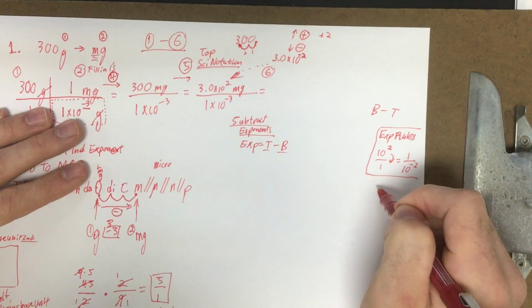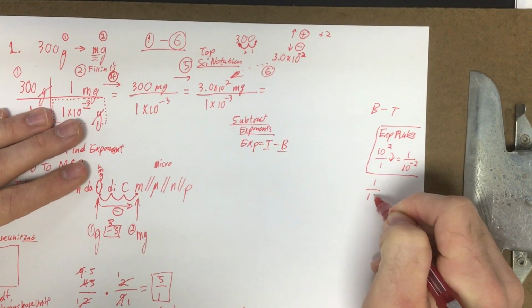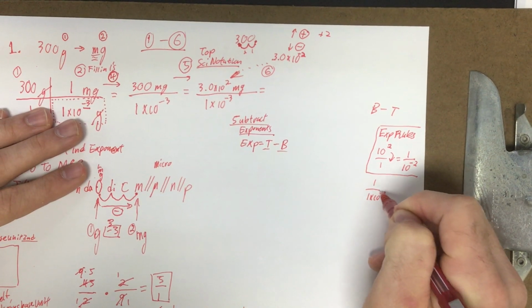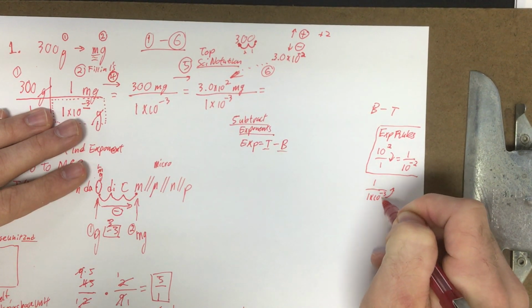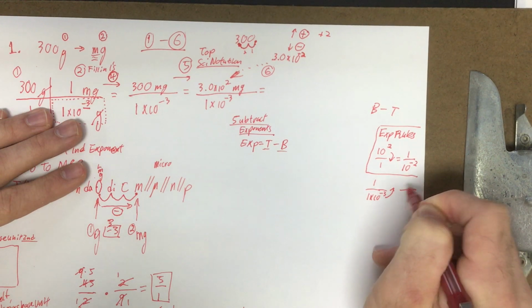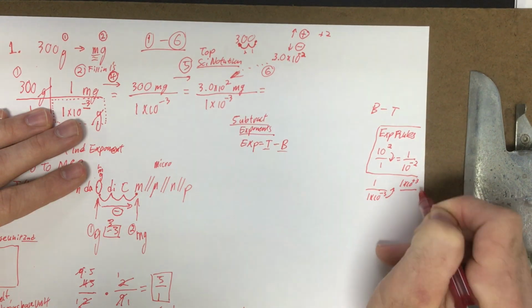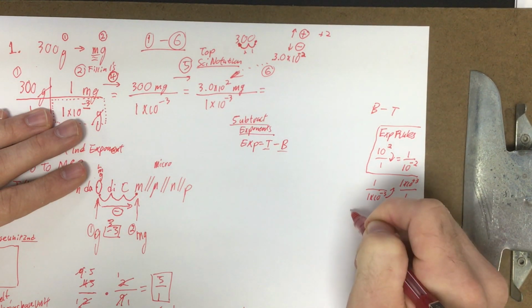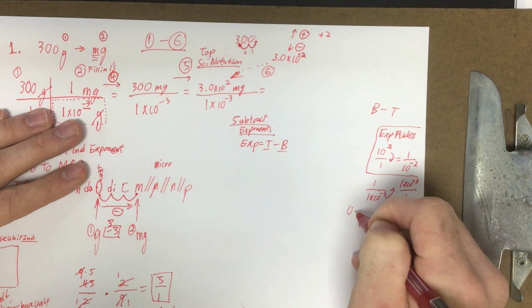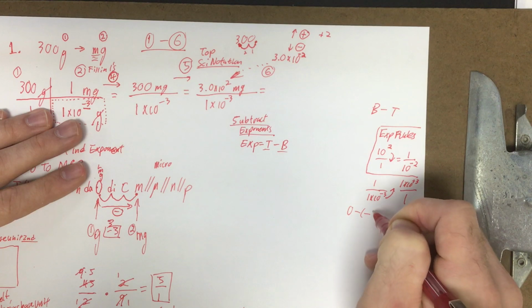Because if we had this, let's say I've got 1 over 1 times 10 to the negative third. If I put this on the top, you would do the opposite sign of this to make it be in the top. So it'd be 1 times 10 to the positive third on the top, right? And that'd almost be like I was multiplying by a negative 1, right?